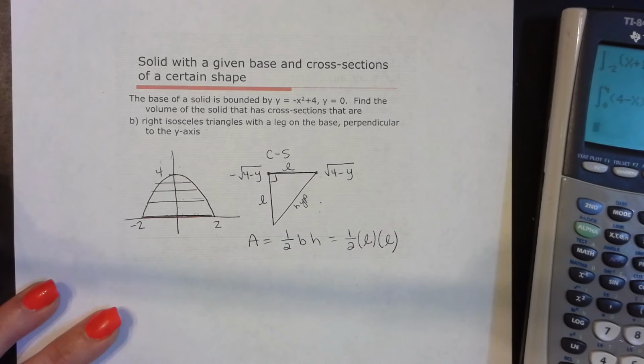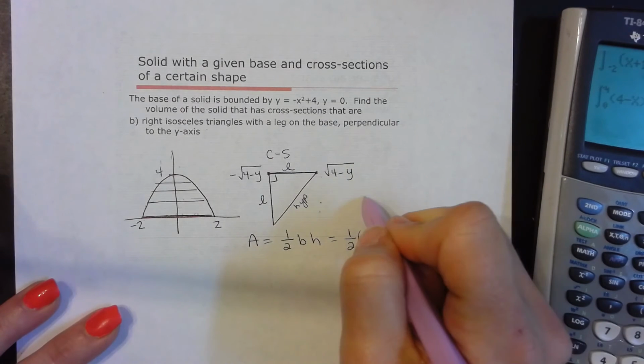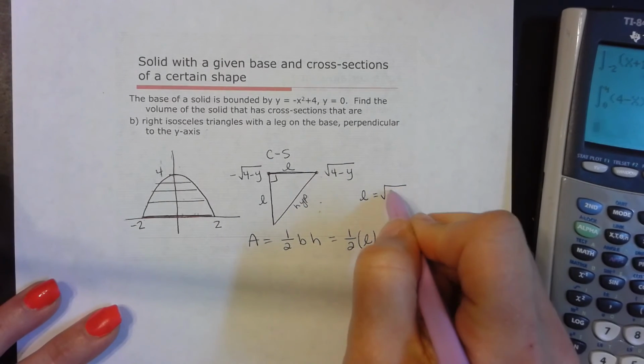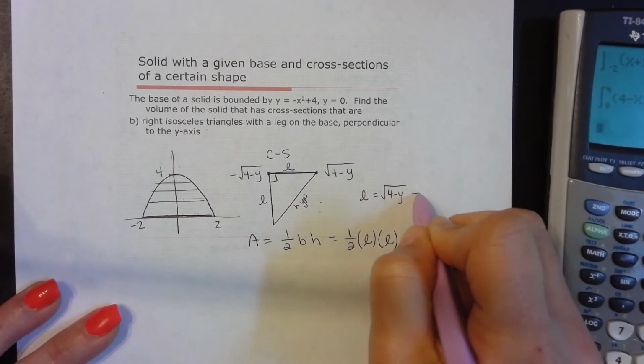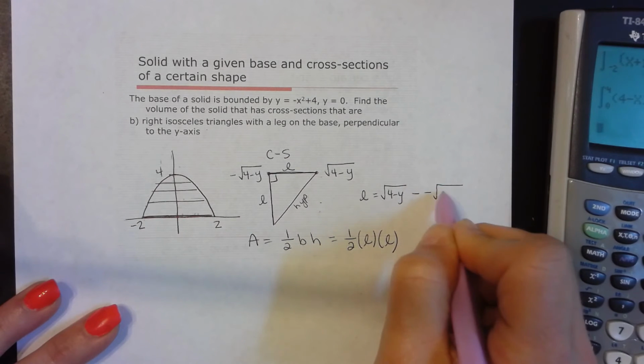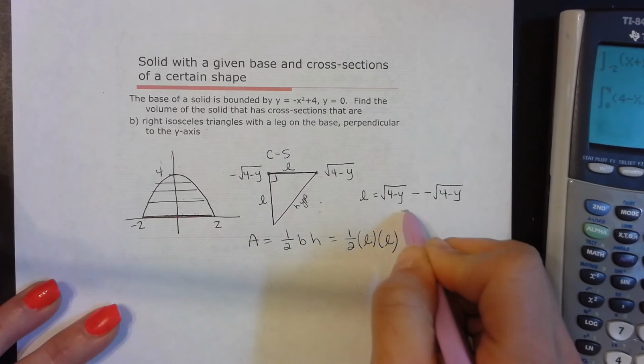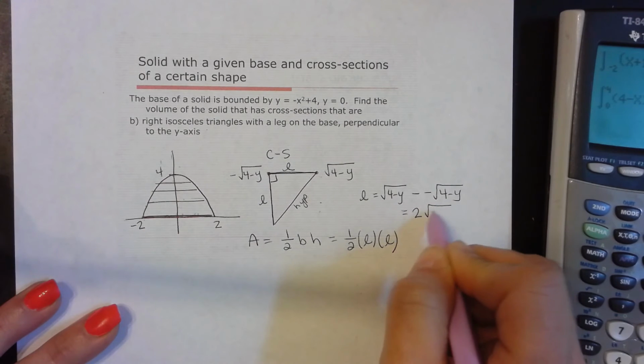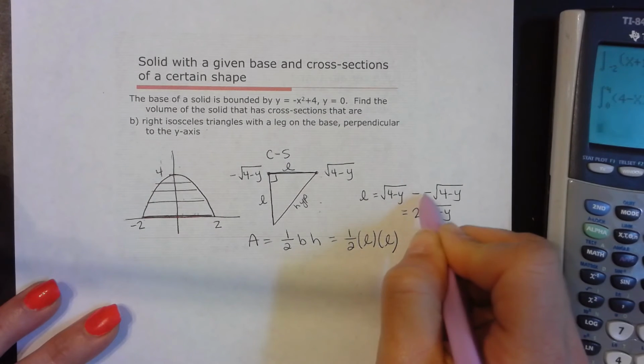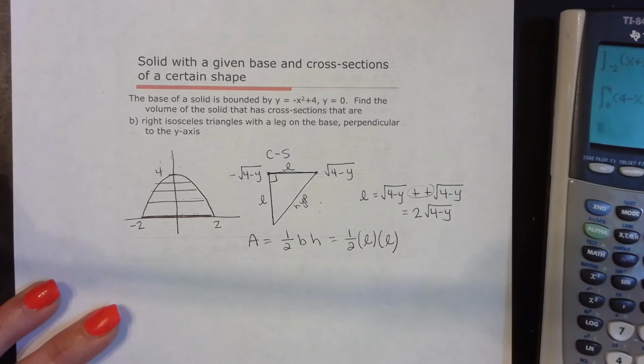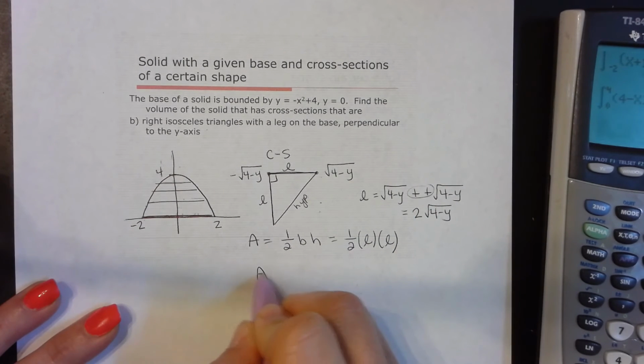Well, L is the distance from the curve to its other side. So I get 2 times the square root of 4 minus y, because these two negatives make a plus. Okay, so my area is 1/2 times that leg distance times itself.